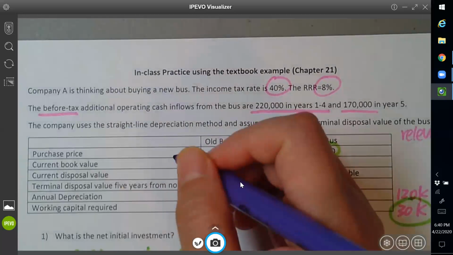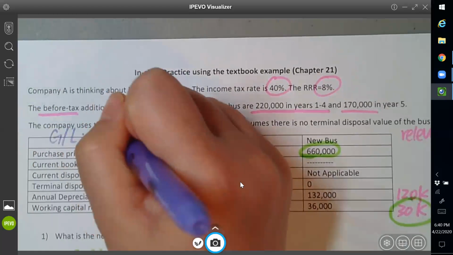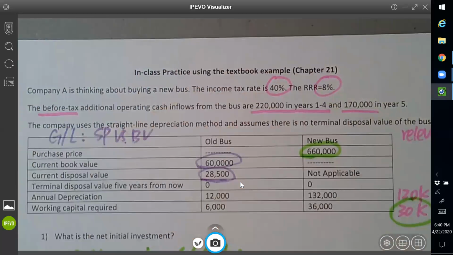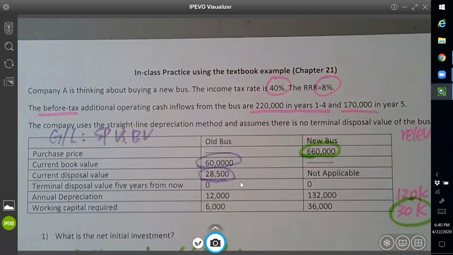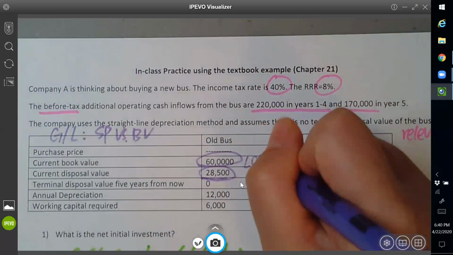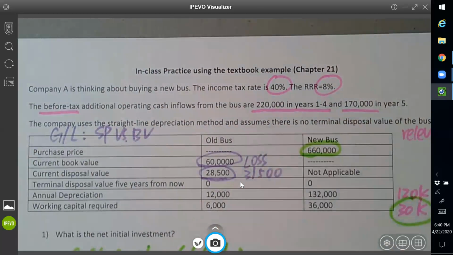How do you decide if you have a gain or loss? We compare selling price with the net book value, right? Selling price more than book value is a gain. Selling price less than book value is a loss. This one is very obvious. You have a loss. How much? 31,500. So we have a loss.